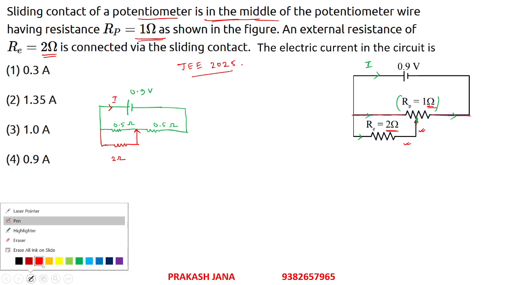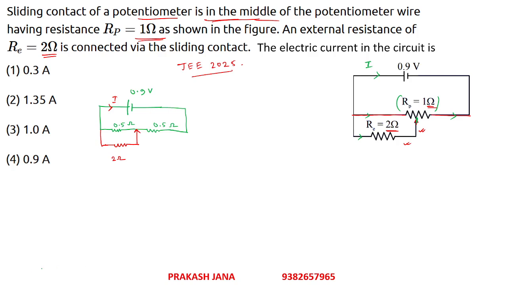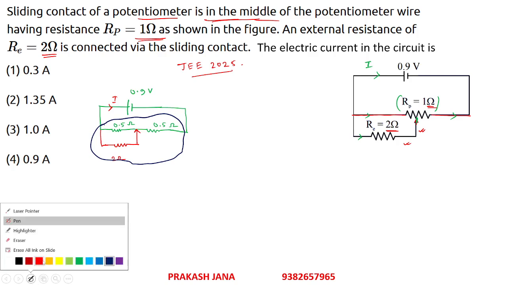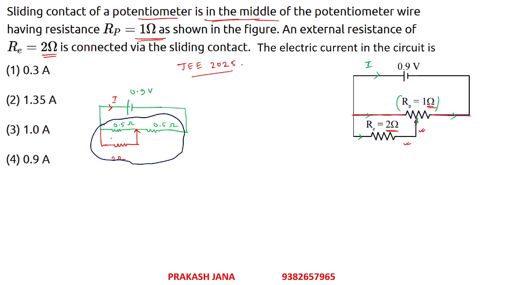So basically we have to calculate the equivalent resistance of this, correct? What is the equivalent resistance of this portion? See, this 0.5 and this 2 ohm are in parallel combination, and with this 0.5 ohm is in series.